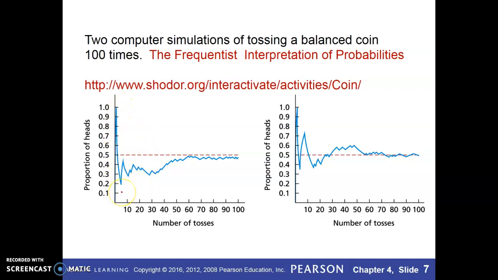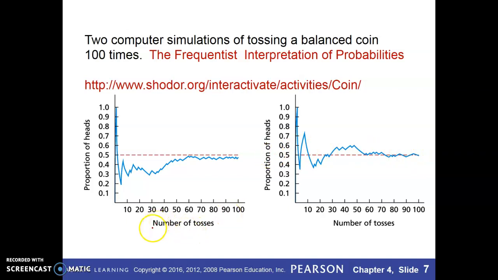You might think, well, the probability of getting heads is 50%, but we're all over the place. But as you go on and flip more and more, by the time you flip 100, you're really going to be close to getting it 50% of the time. It's probably not going to be exactly 50%. You can see here it's probably a little below 50%. This simulation looks like it's right at 50%, maybe a little bit below.